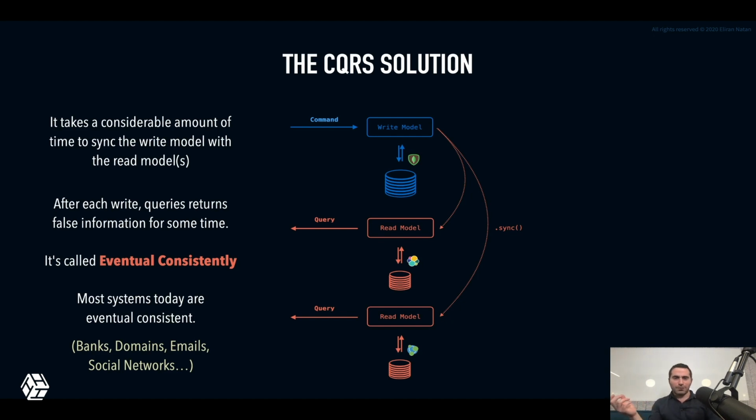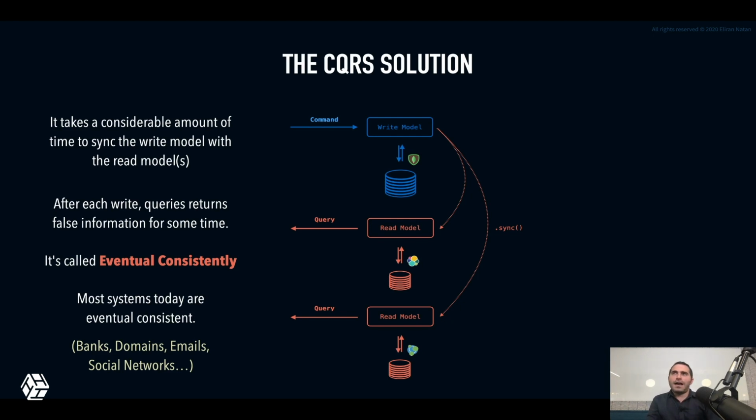Actually, when you think about it, it's not such a big disaster, because most of the platforms that you're using today are eventually consistent. Think about banks, domain propagation, emails, and any social network that you know.